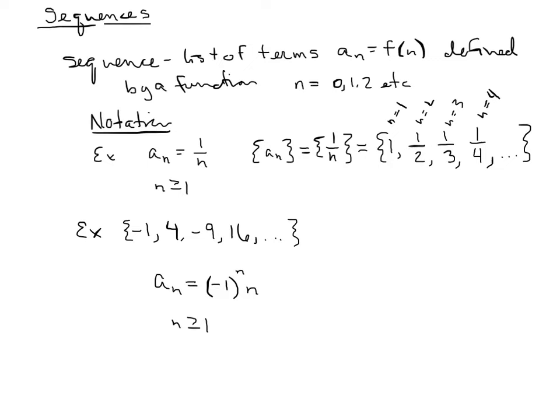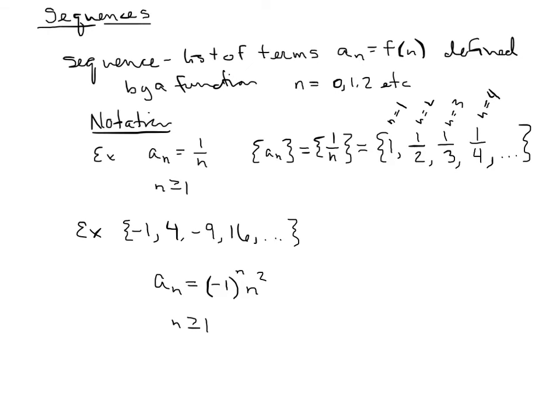So if we do n squared, and then I like to check it, we're starting at 1. If I plug in 1, I get -1. If I plug in 2, I get positive 4. If I plug in 3, I get -3 squared is 9, -9. I think I've got it.